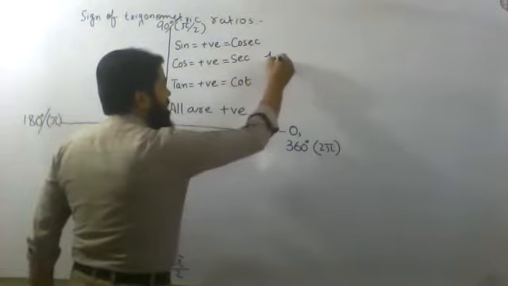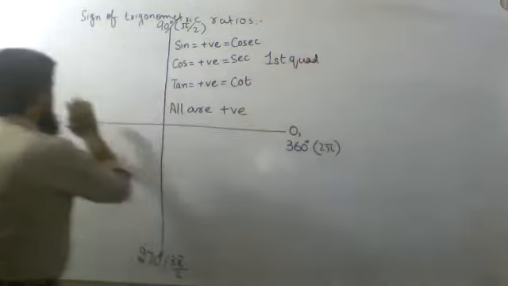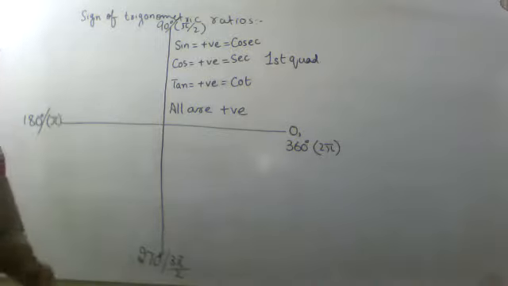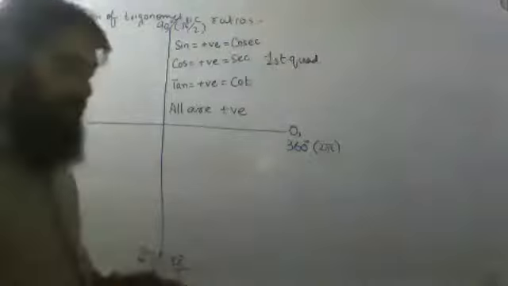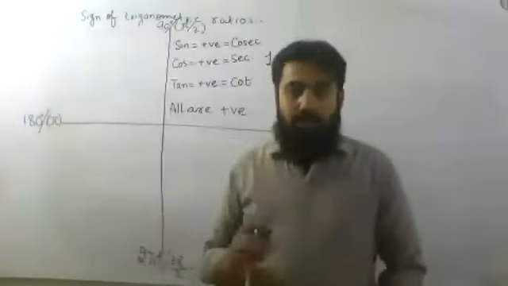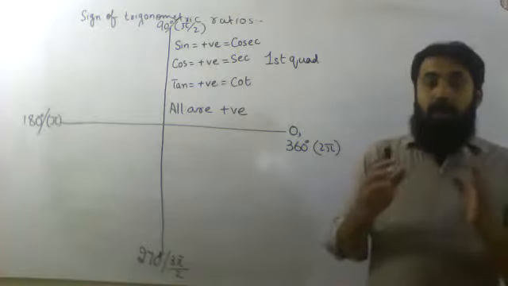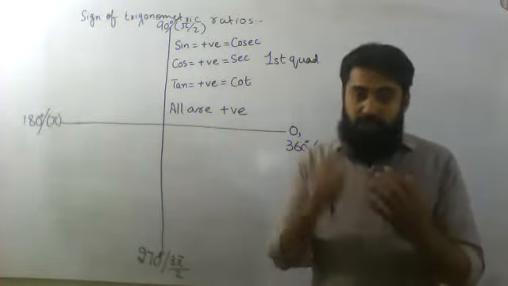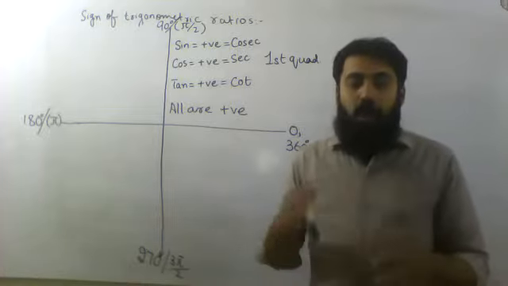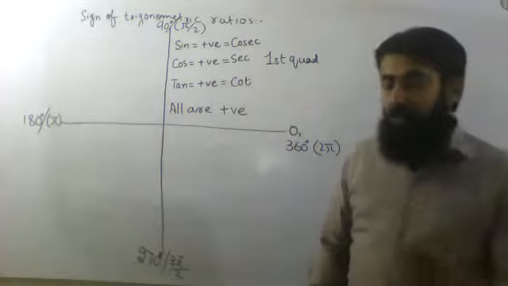Okay, so this is my first quadrant. Now for my second quadrant, again, select any value between 90 and 180. Your choice, you can take a single value and use it for sine, cos, and tangent, or you can use 3 different values and find sine, cos, and tangent.